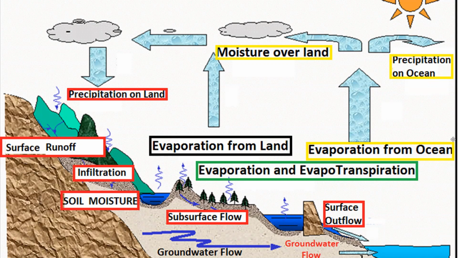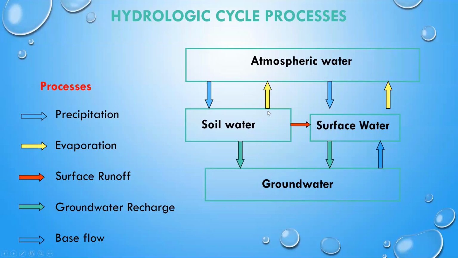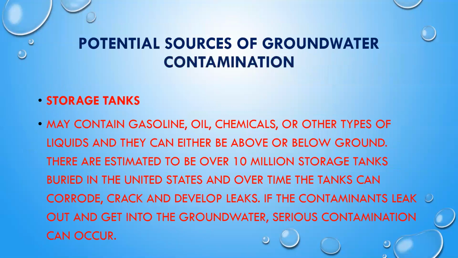The reactivity of water changes for the dissolution of different minerals and cations from soil. So this is how the groundwater gets contaminated. The flow chart is given over here. We have talked about that contamination earlier as well.